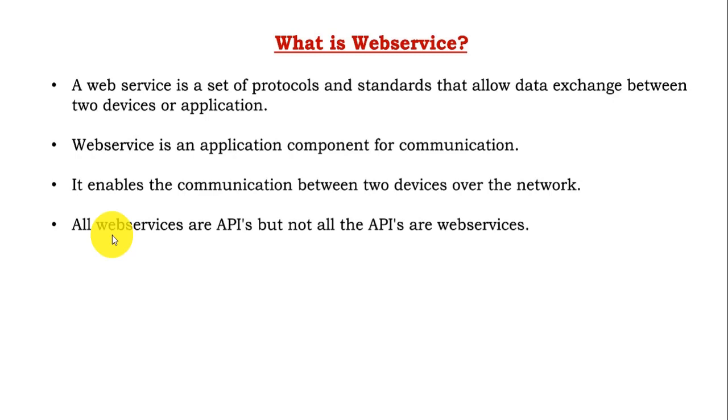Some of the APIs work even without internet, right? So those are normal APIs. If it communicates over the network, then it is a web service. That is the reason all web services are APIs, but not all APIs are web services.